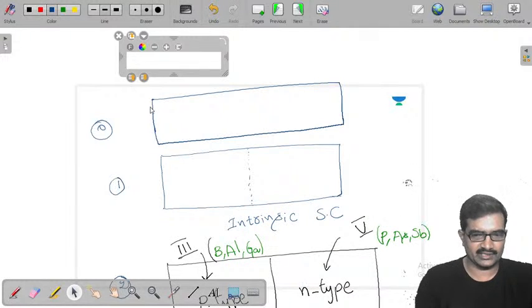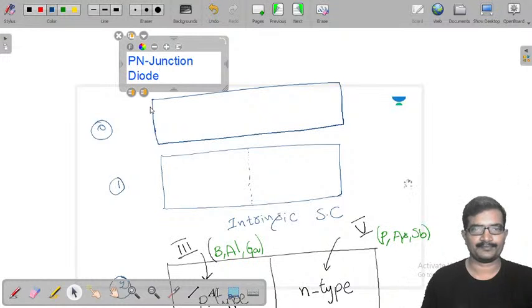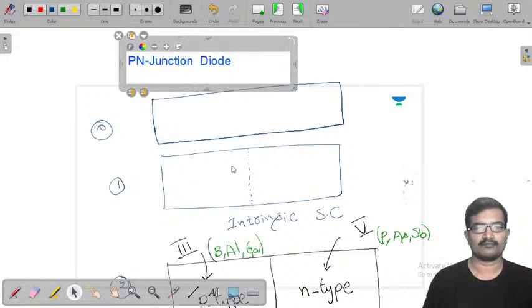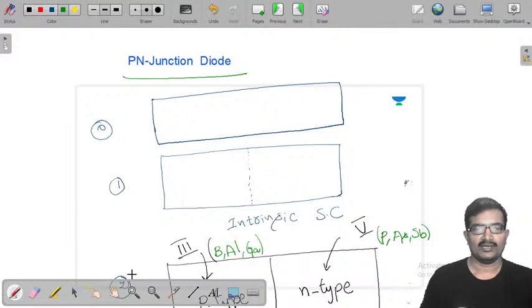So here it is a PN-junction diode. Now, this is the intrinsic semiconductor. First we take a single semiconductor, and we mark a line on that. One side is doped with the third group impurity, the other side doped with fifth group impurity.